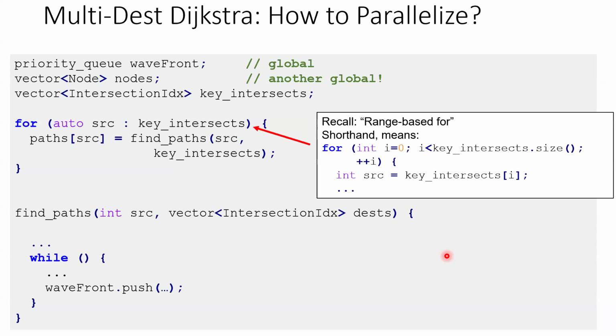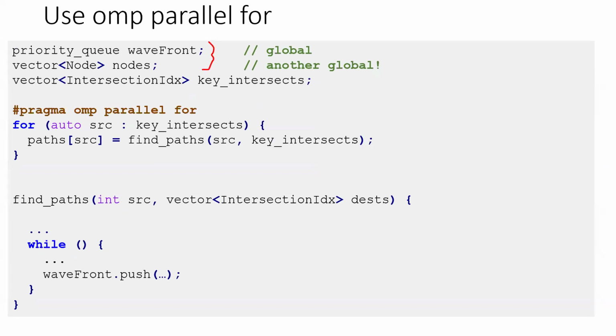After all of the algorithm tuning, we want to add parallelization to this code. Remember, this is just the range-based for shorthand for going from i equals 0 to the number of intersections. What we need to do is add the pragma OMP parallel for before this for loop.